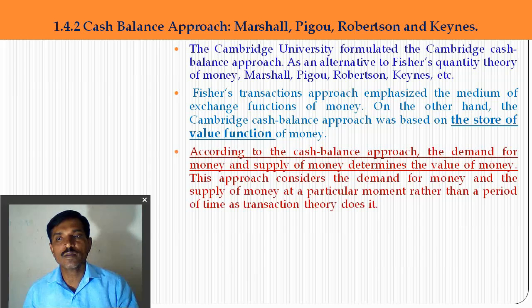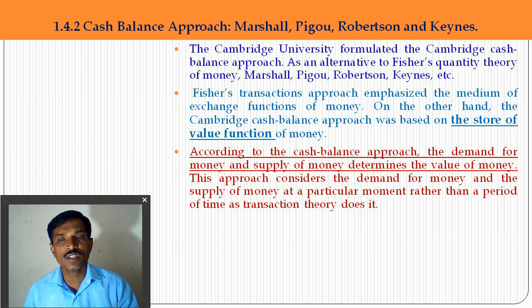So according to the cash balance approach, demand for money and supply of money determine the value of money. Fisher and Cambridge economists both agree that demand for money and supply of money decide the value of money. But the Cambridge economists think that the supply of money is constant in a short period of time, and therefore the demand for money is important to decide the value of money.